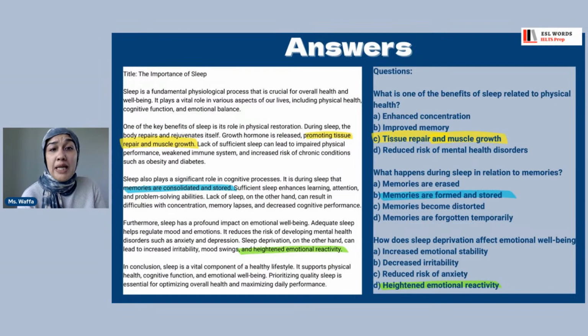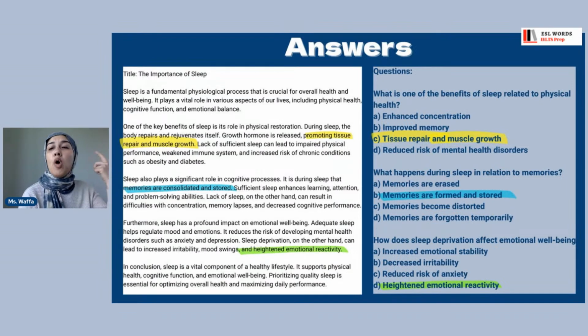Sleep also plays a significant role in cognitive processes. It is during sleep that memories are consolidated and stored. So, as you see, what happens during sleep in relation to memories? That's what the question says. So this is what cognitive process is actually written as a vocabulary word that relates to memories.